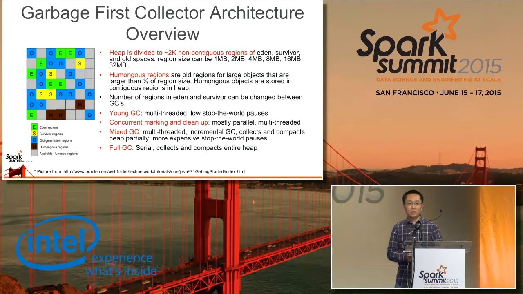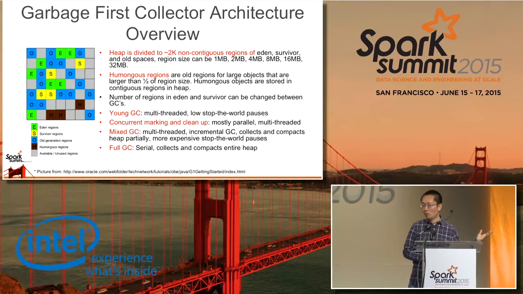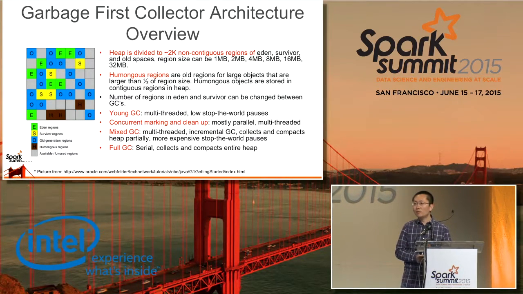The heap is divided into approximately 2,000 same-sized fixed chunks, which are called regions. Each region can be tagged as an Eden region, survivor region, or old region, and those tags can change depending on the lifetime and runtime of your collector. And 1 MB to 32 MB is currently the available region size.